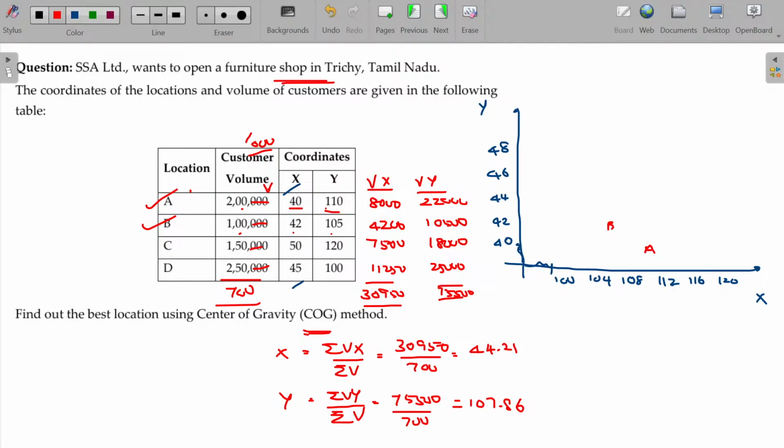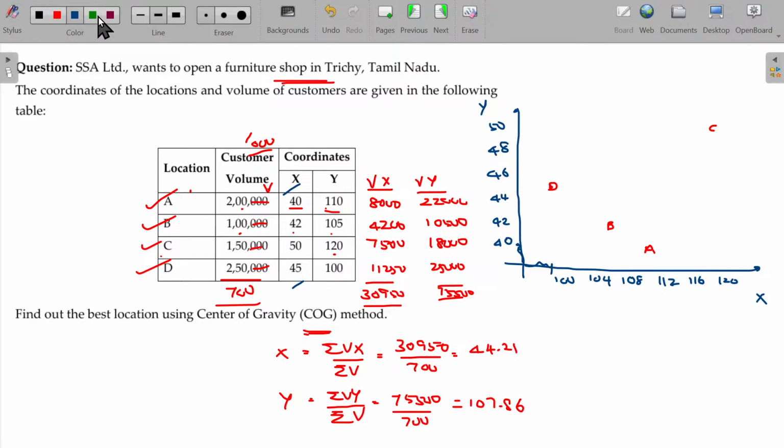This is location B. C, 50, 120. 50, 120 could be here. This is location C. And D, 45, 100. This is D. Okay. Now, which location to be chosen, sir?